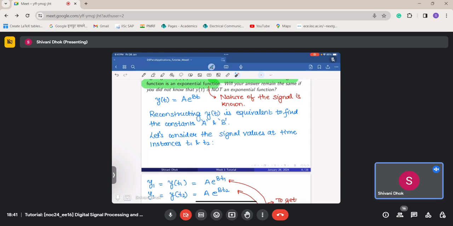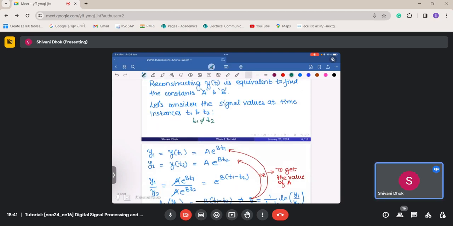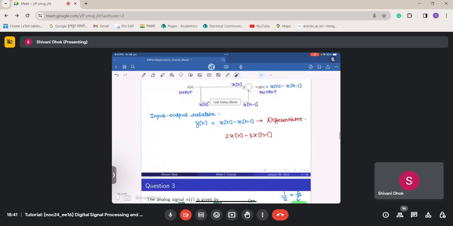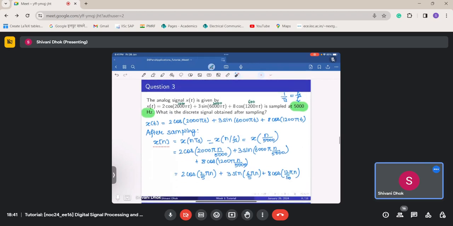Yeah, you take any 2 time instances where T1 is not equal to T2. Because you have two unknowns, you have to take two instances, no, ma'am? Exactly. Thank you, ma'am. Okay. Any other questions?